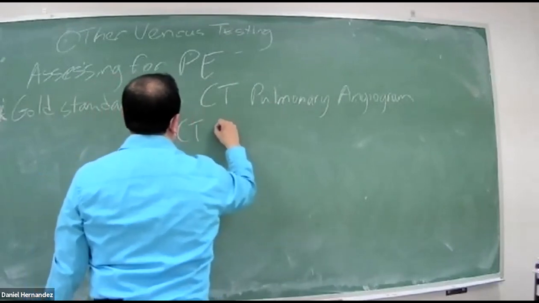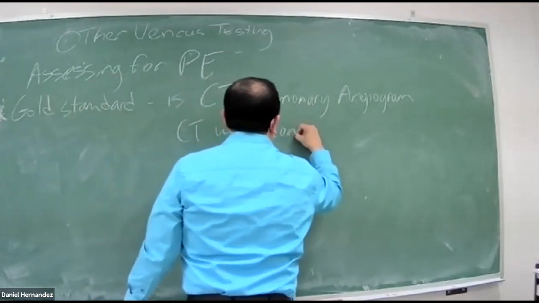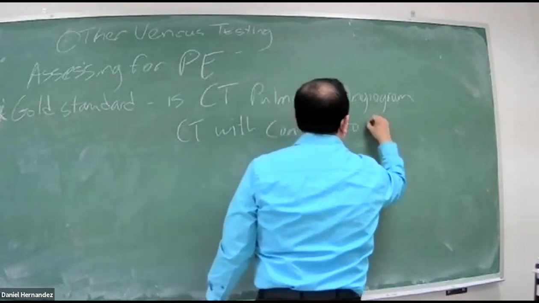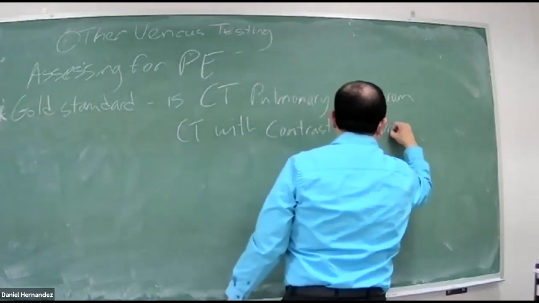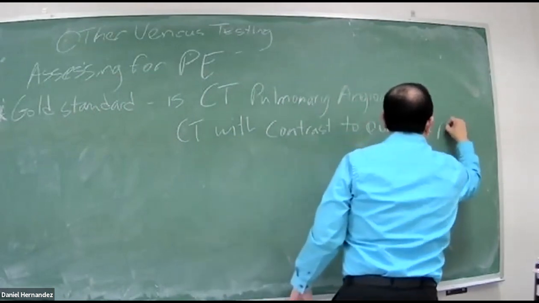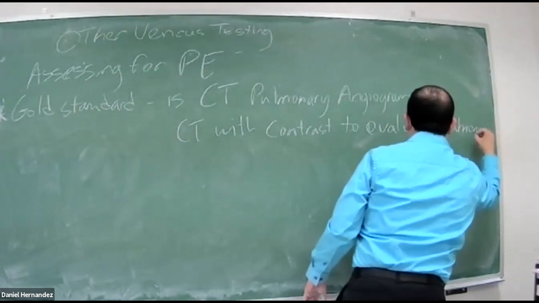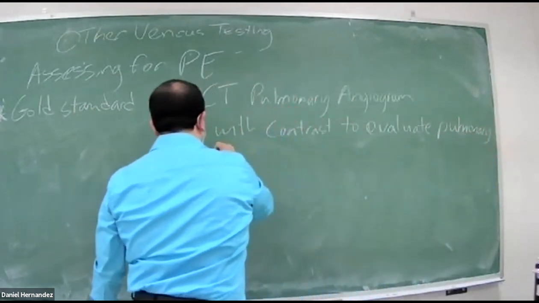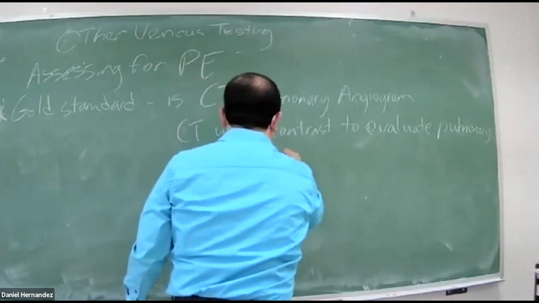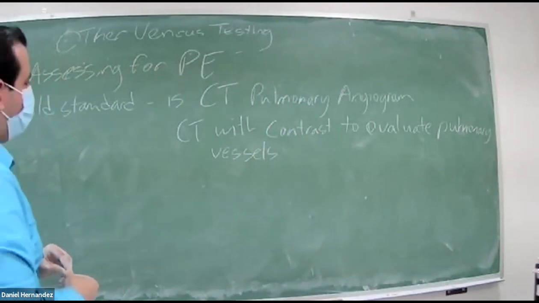So this is a CT with contrast to evaluate pulmonary vessels. So this is similar to that ascending venography.